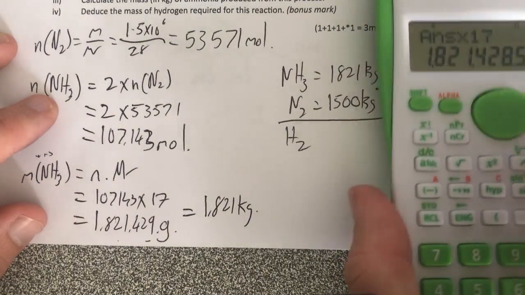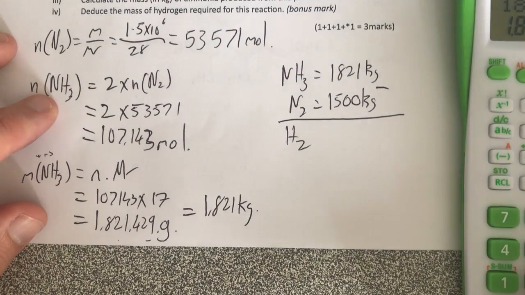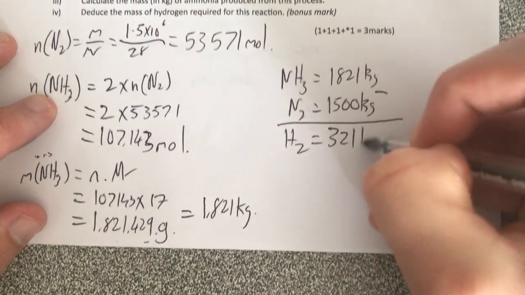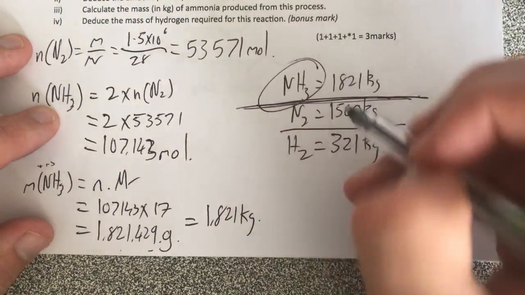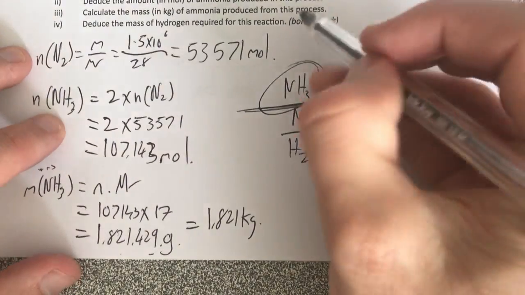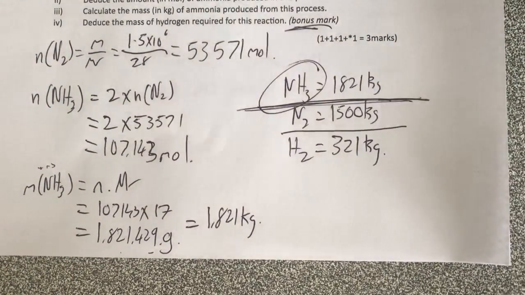So therefore, I'll take 1,821, take away 1,500, it would be 321 kilograms, because I know that the mass of my ammonia must be equal to the nitrogen plus the hydrogen. It's a bonus mark if you want to look at that, and just good thinking about how chemistry works in terms of masses and moles and stuff. That's the end of question 1 done.